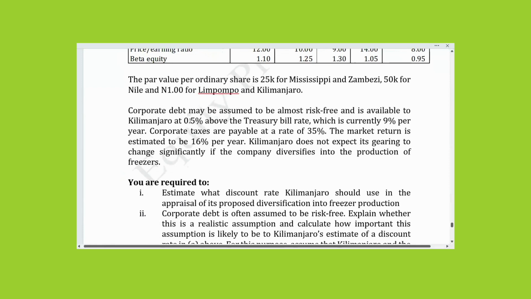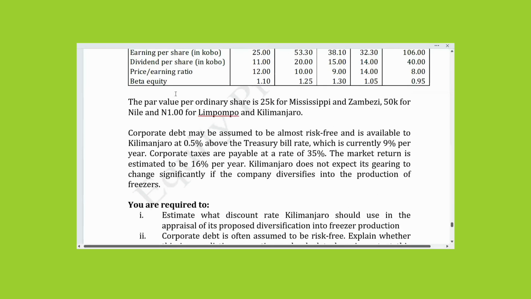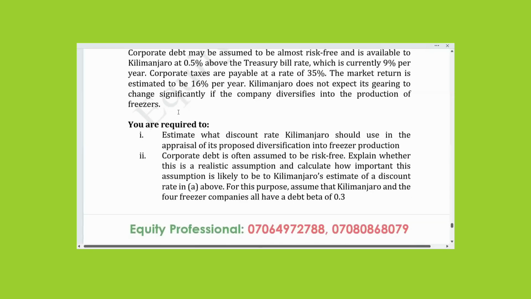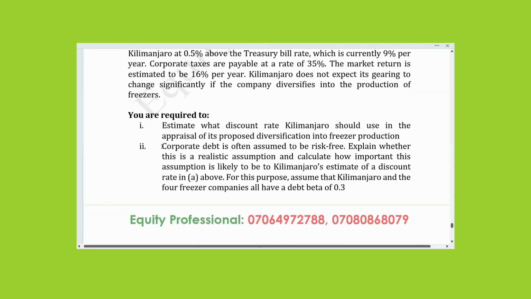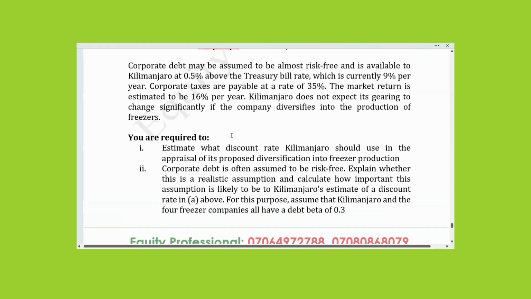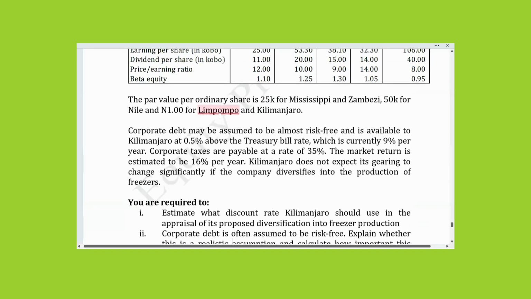According to the question, we are not given debt beta, so debt beta is assumed to be risk-free. However, in requirement number 2, you are given a debt beta of 0.3. That is not what we are looking for because it is meant for requirement number 2. In the main calculation, we are not given debt beta, so it is assumed to be risk-free.